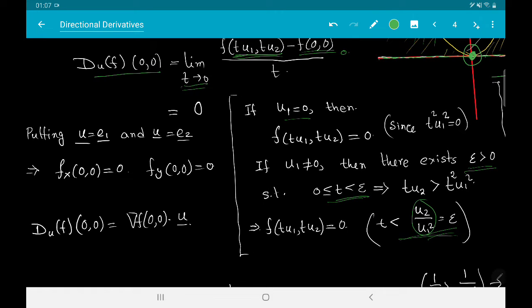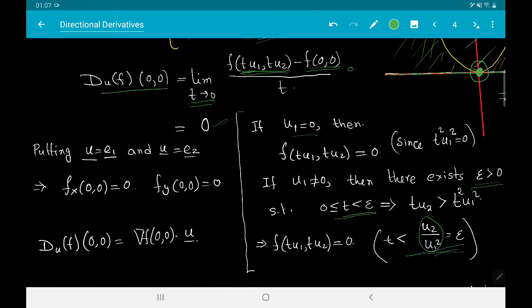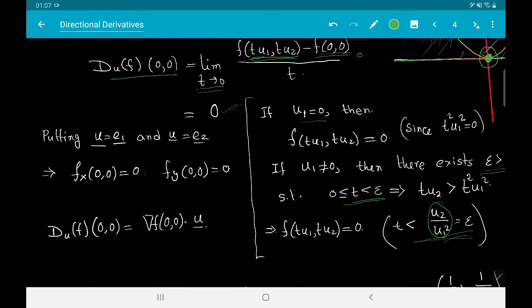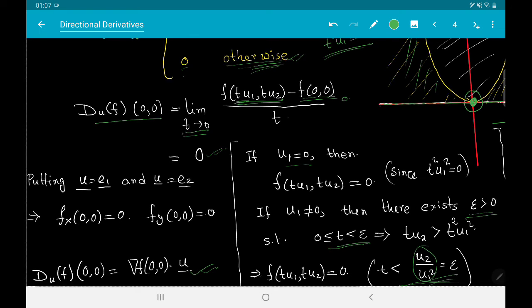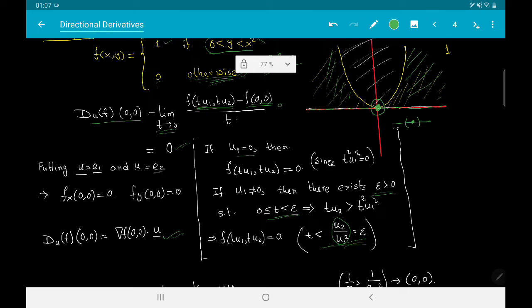So the directional derivative exists and it is equal to 0, and if I take u to be (1, 0) and (0, 1), we can also see that the partial derivatives are equal to 0. So as such, this equality is satisfied, and also the fact that the directional derivative exists, which is somewhat less information than the fact that the equality is satisfied.